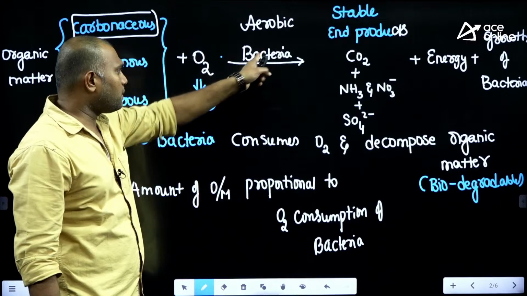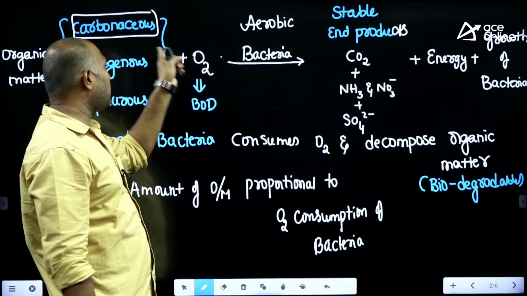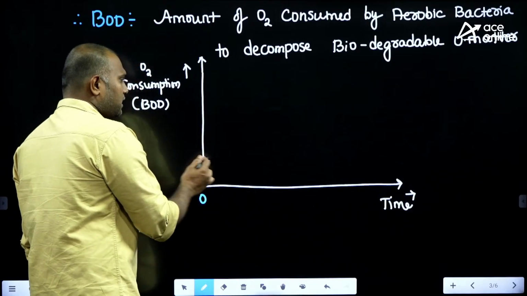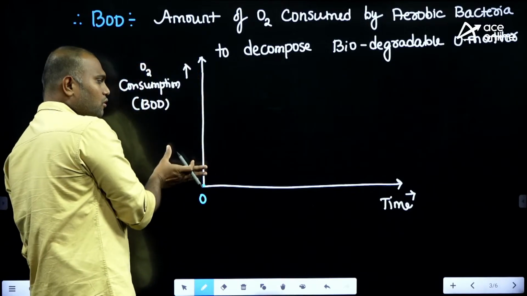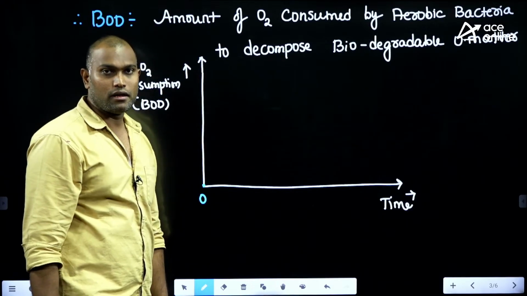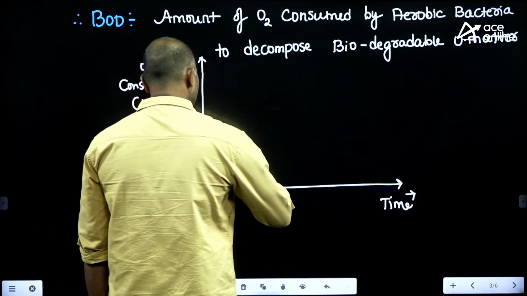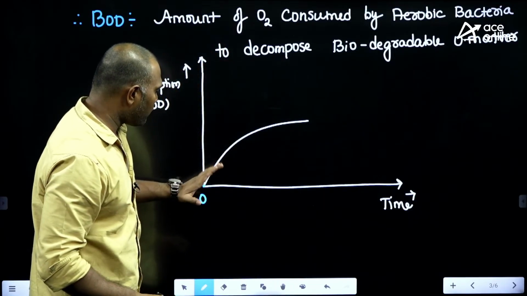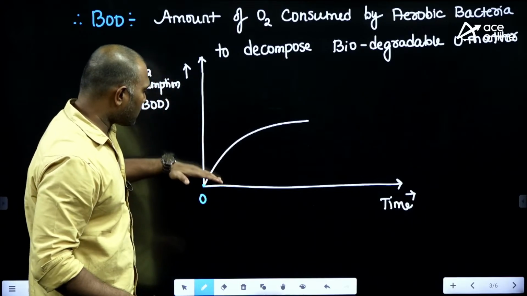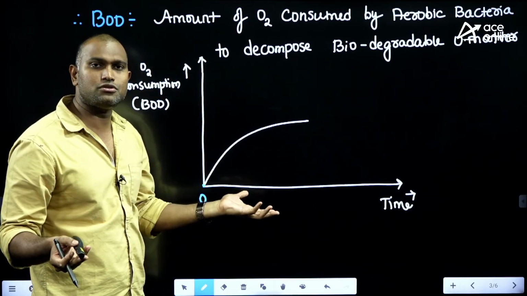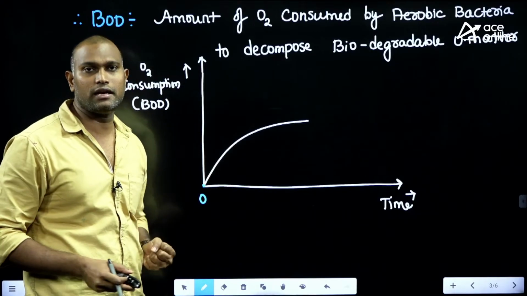Now this aerobic bacteria consumes oxygen and decomposes the organic matter. With time, the consumption of oxygen is increasing as the bacteria decomposes the organic matter.